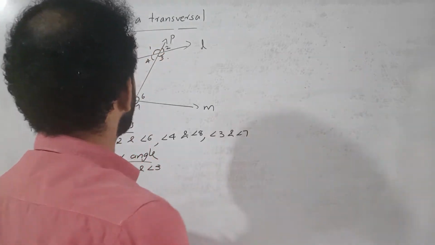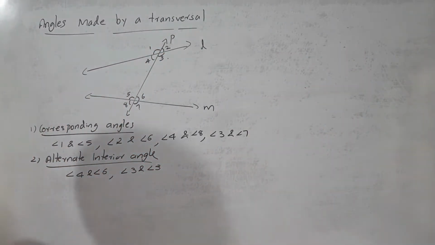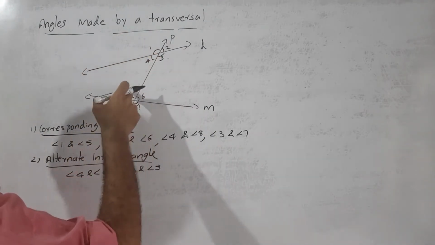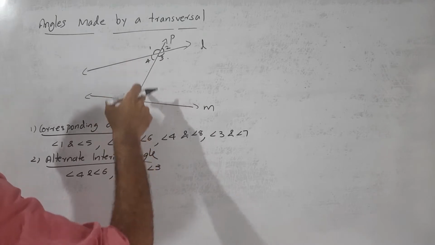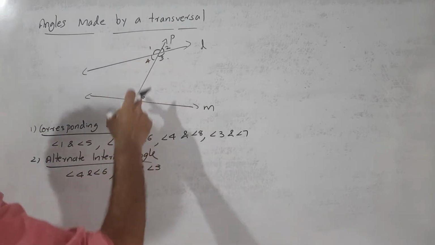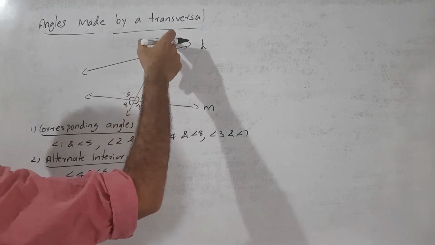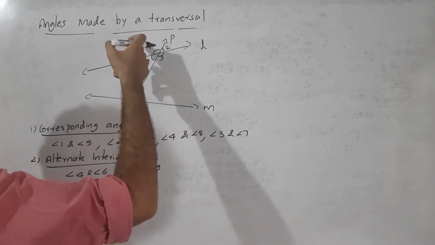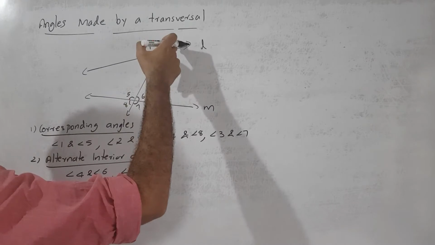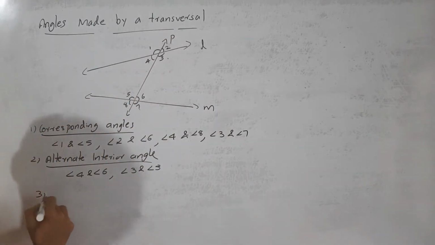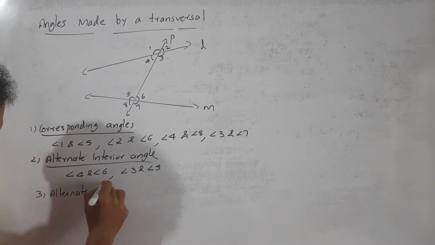So we next discuss the next idea. Same, this one is interior angles. Okay, this one is interior angles 3, 5, 4, 6. The next: 1, 7, 2, 8. This is called alternate exterior angle.